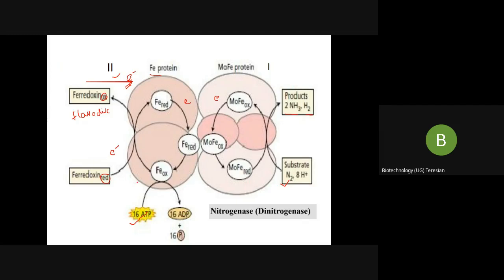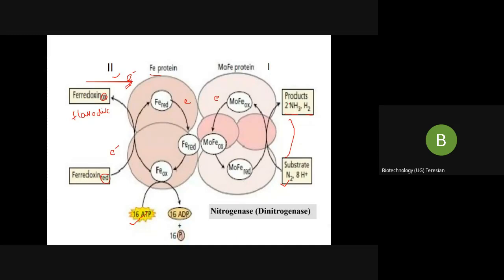Therefore, we say that this is a reduction reaction, which means that electrons must be added to the nitrogen to reduce it into the form of ammonia. The electrons which are running about here should be added to your nitrogen molecule. Only then can it form ammonia.